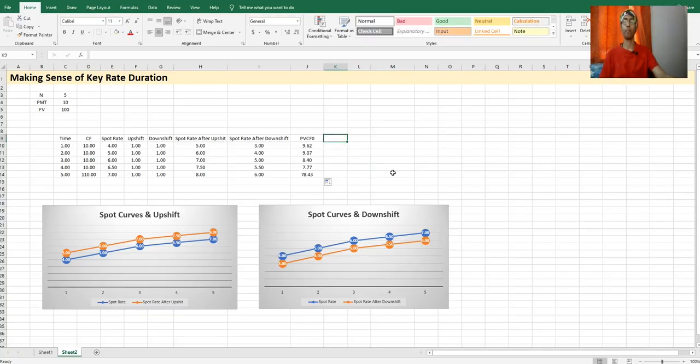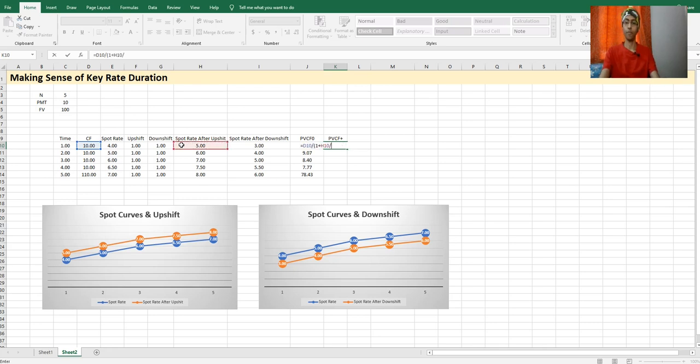So, PVCF plus, that is after the upshift, what is the result? This is equal to, again, the cash flow divided by 1 plus the spot rate after the upshift, right?